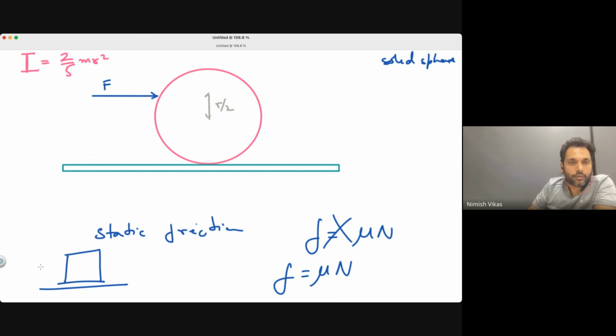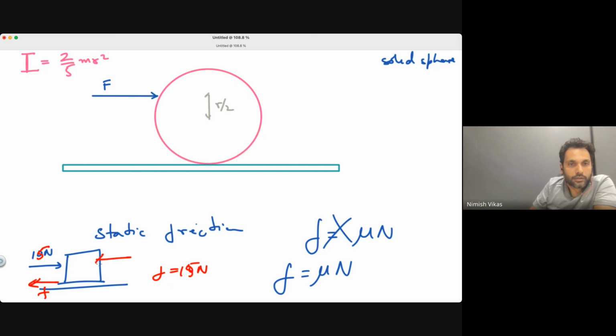Like if there was 10 Newton force on a block and the block is not moving and somebody asks you how much is the friction, you will obviously say the friction is 10 backwards, right? Whereas on the same block, if you apply 15 Newton and you see there is no movement, you'll say friction is 15 backwards.